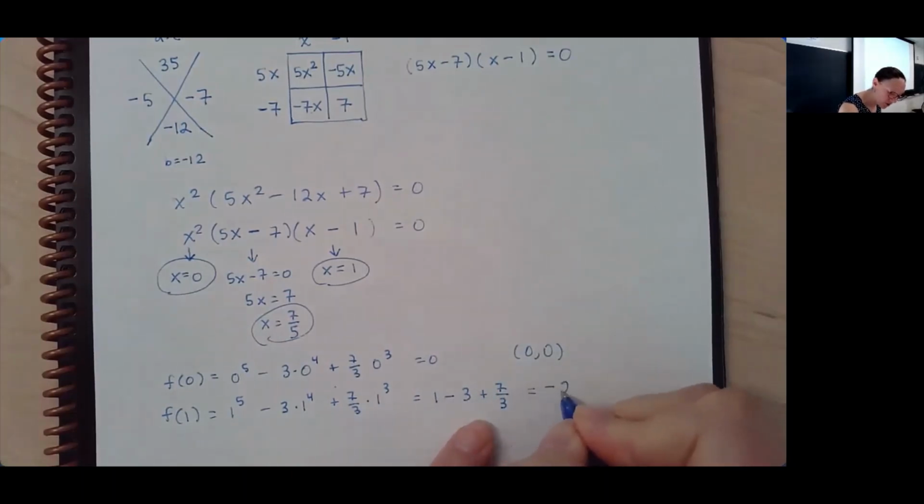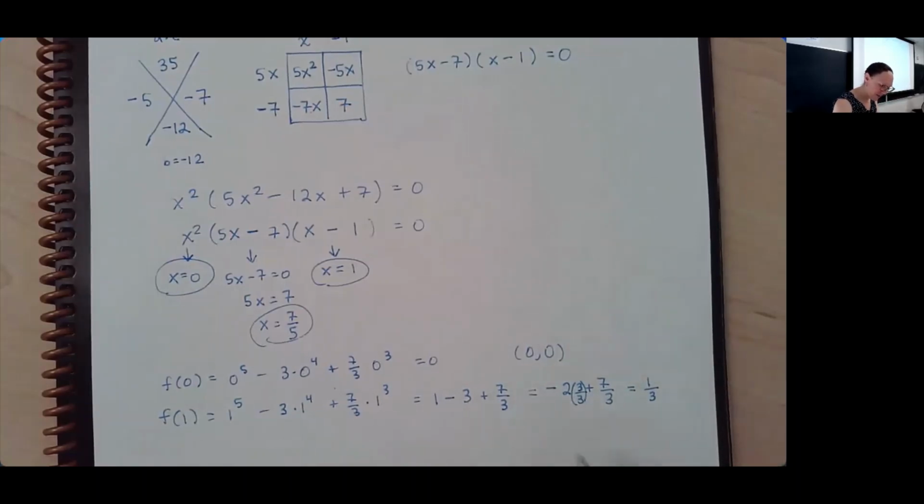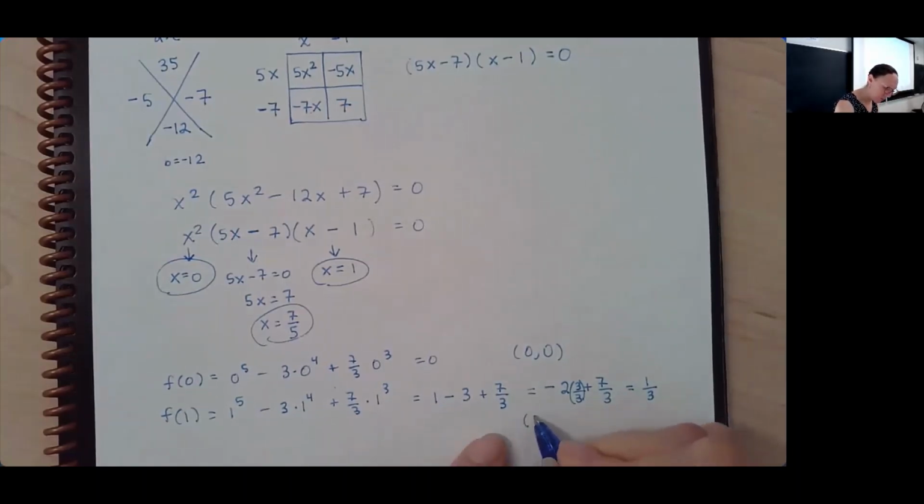So I'd have -2 plus 7/3 and get a common denominator by multiplying that one by 3/3. 7/3 minus 6/3. So I'm at a positive 1/3.